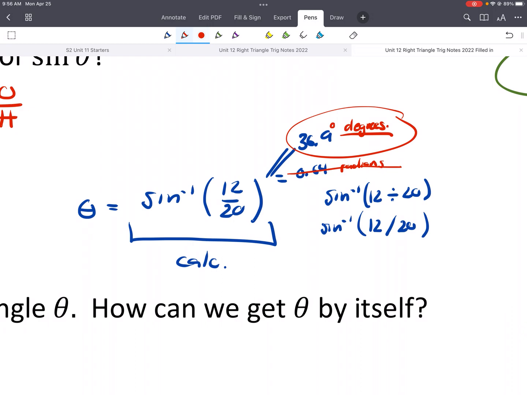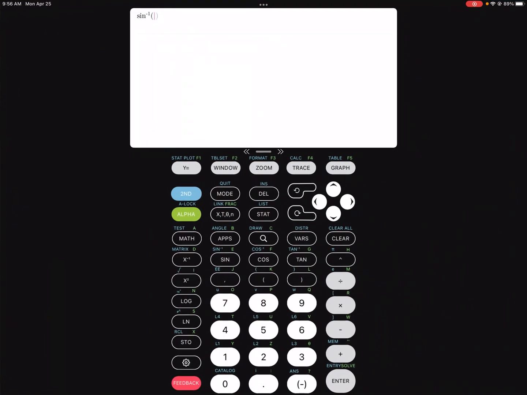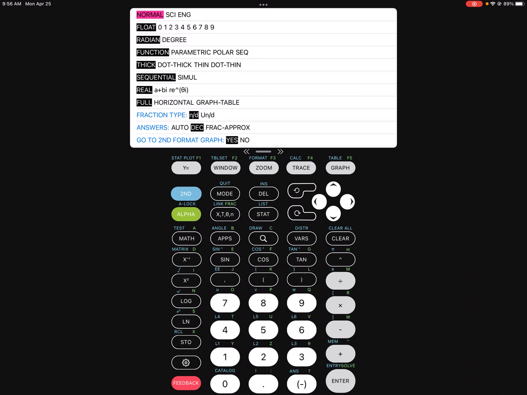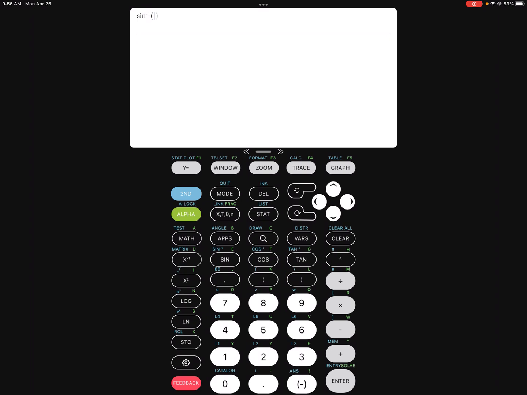A lot of calculators will have a button that's like mode or setup, and you'll just need to go there. For mine, I would go to mode, and then I have the choice to choose radians or degrees. So I need to come down to degrees, push enter, and then I could do what I wanted.